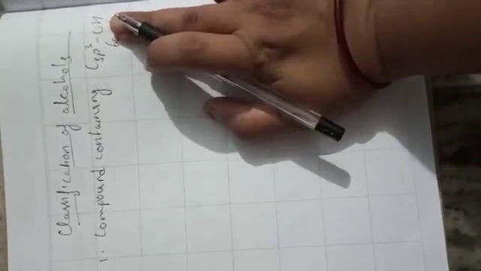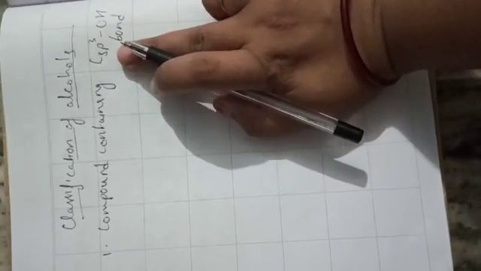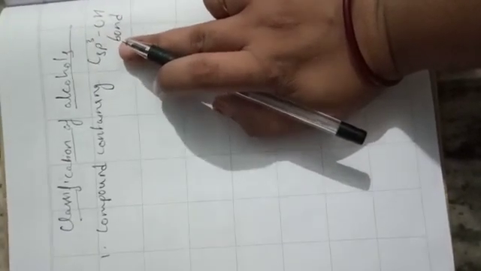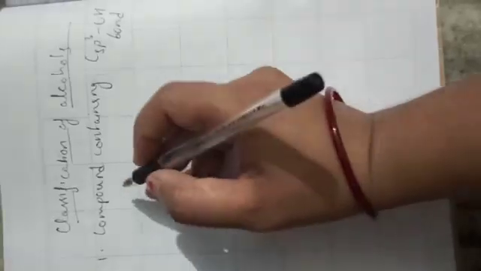It means that the OH group, or your hydroxyl group, will be attached to that carbon atom which will be your sp3 hybridized. So in that case it is divided into three parts.